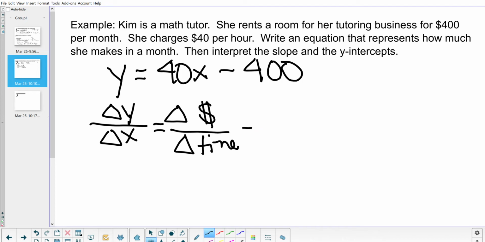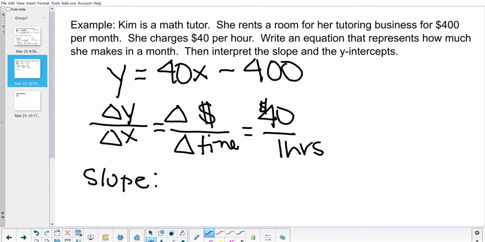So our slope in this case is 40 over 1. It's 40 dollars over change in hours, the time, so that means $40 per hour. Notice that one was basically mentioned in the word problem. That's not uncommon. So interpret the slope.